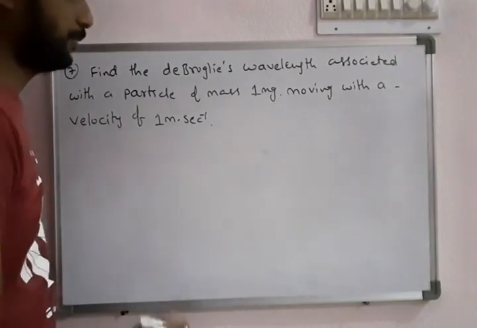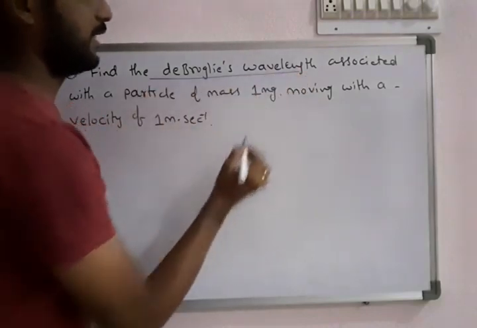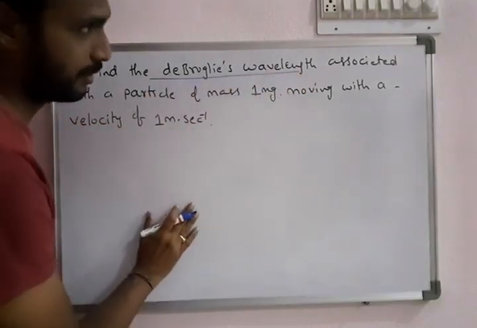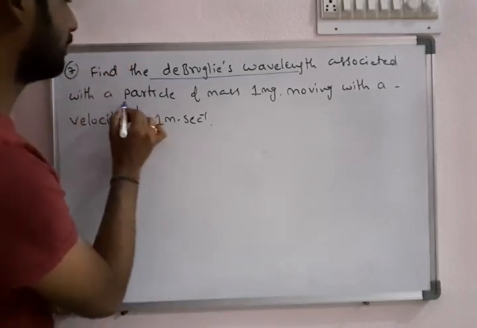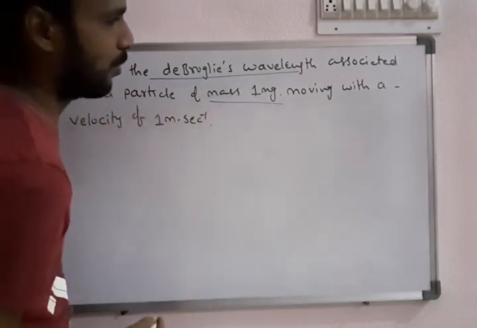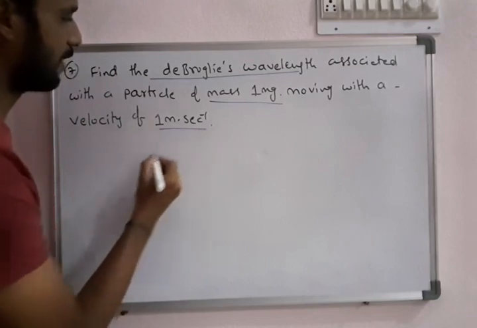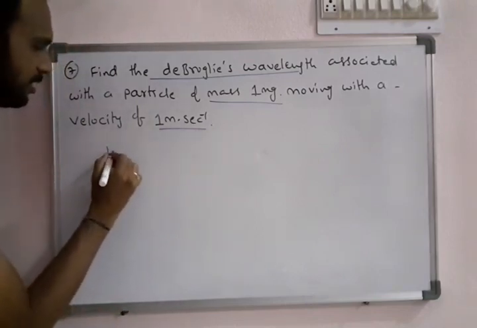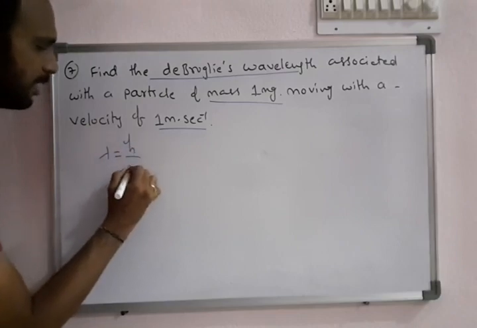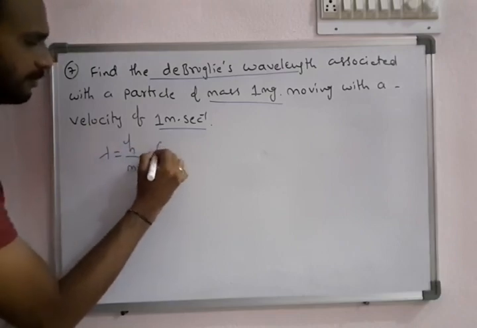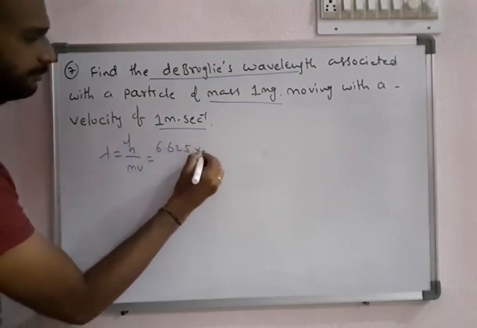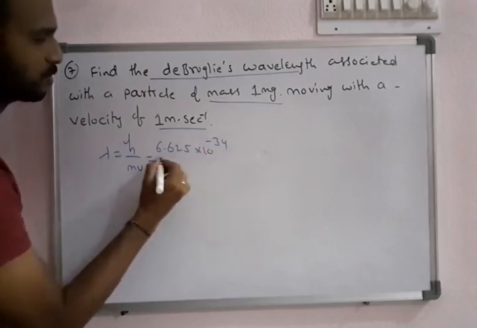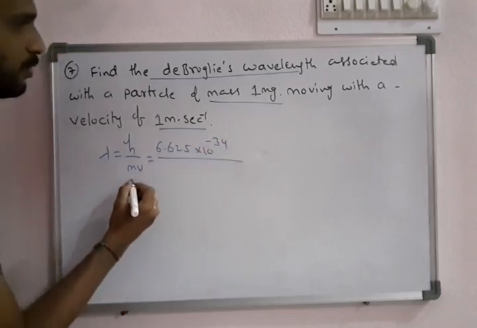Here again a similar problem. Find the de Broglie wavelength associated with a particle having mass 1 milligram and velocity 1 meter per second. Take care of units. We know lambda is equal to h by mv. We know the h value, Planck's constant, in joule second. What is the mass?